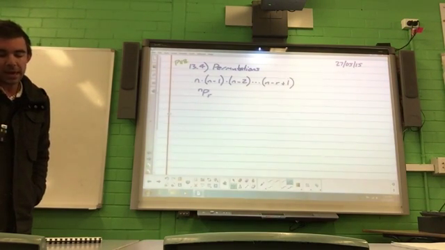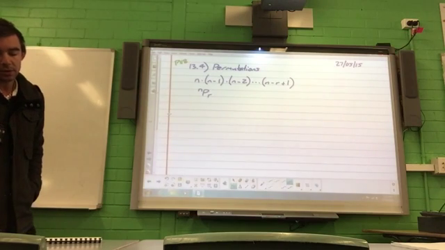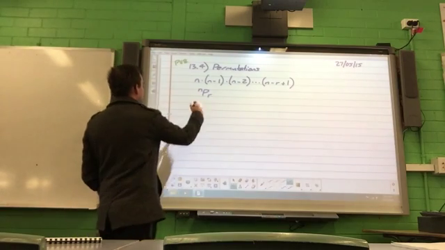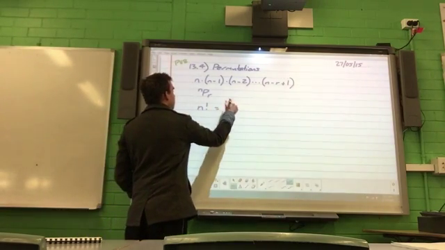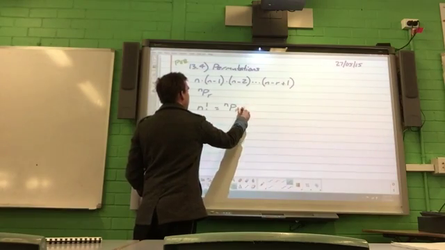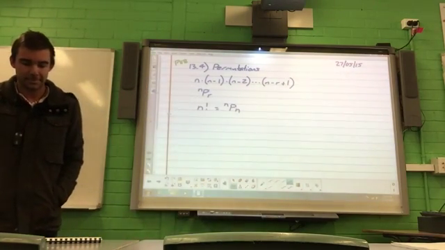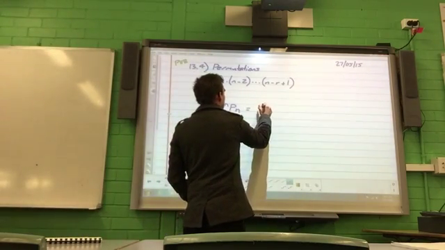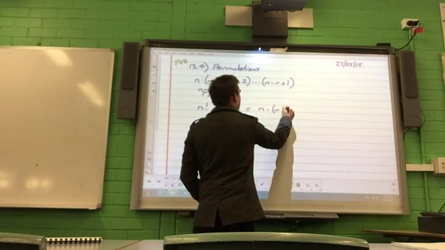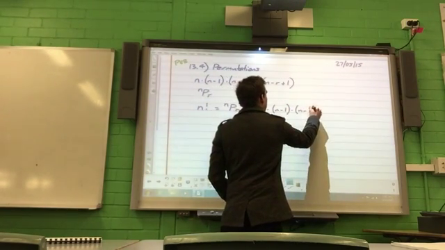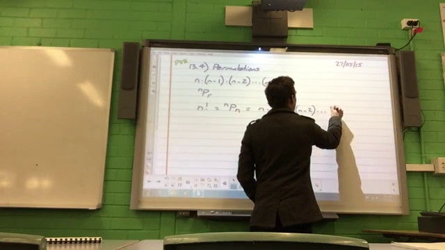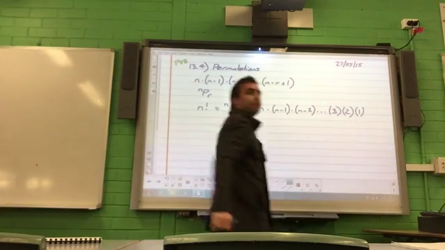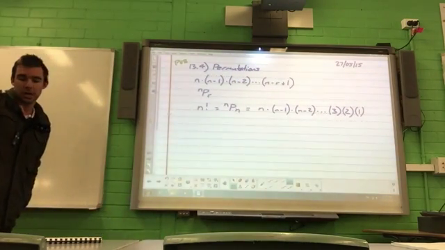In the special case where r is equal to n, we are dealing with the total number of arrangements or permutations of n distinct objects. So, in other words, n factorial, which is nPn, and again, that'll become clearer with some examples. So it equals n multiplied by n take away 1, multiplied by n take away 2, down to 3, 2, and 1. Okay? You can go back to our factorial notation.